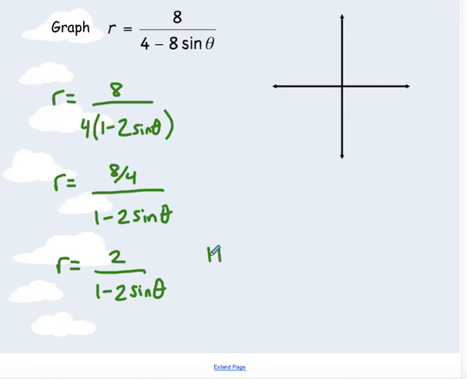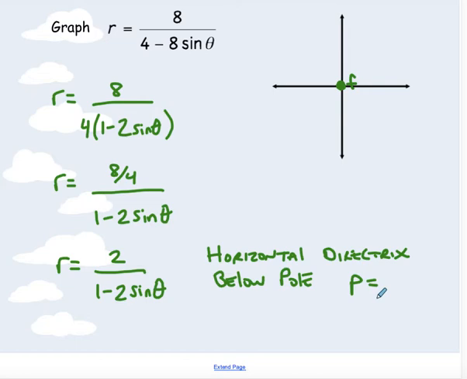So this will be a horizontal directrix, but it's going to be below the pole because it's a minus sign. Again, the pole is at the origin, aka a focus. So now our job is to figure out what P is and what E is.